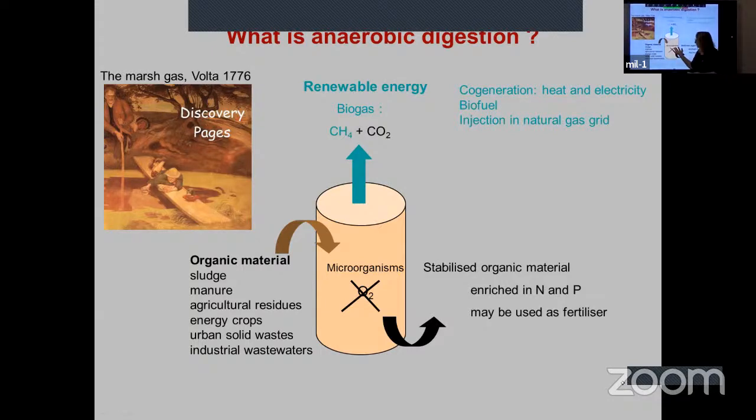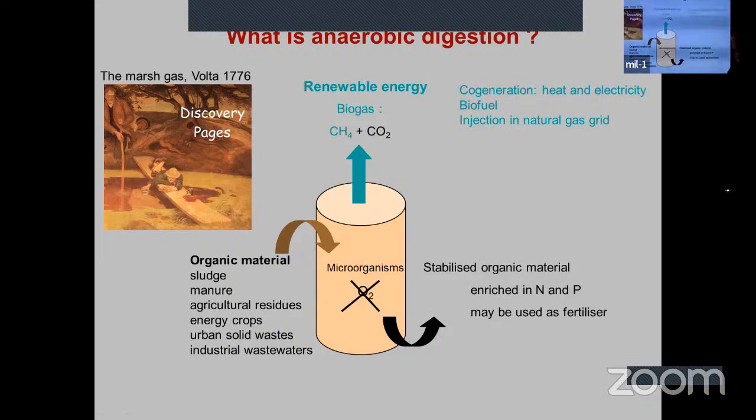These microorganisms convert organic material into biogas, which is composed of methane and CO2. And you can use the methane as renewable energy by cogeneration to produce heat and electricity.